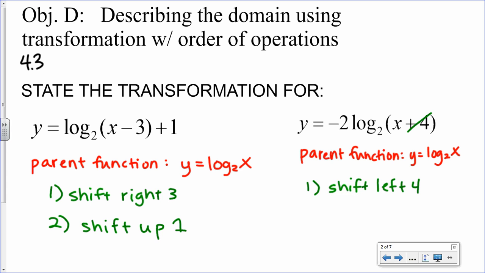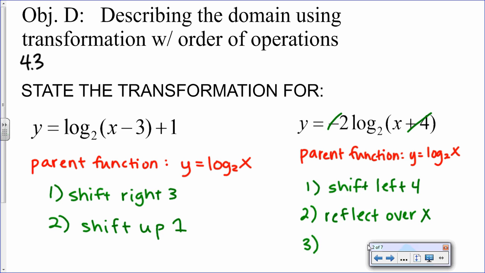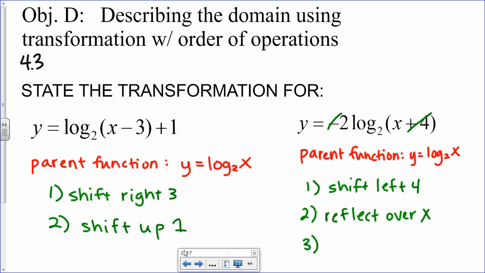Okay, when you do transformations, the negative is separate from the 2. So the negative out at the very front means you're going to reflect, and you're going to reflect over what? X. The negative out front reflects over x. So now you're just looking at 2. So the 2, the a value out front gives you a stretch or a shrink.